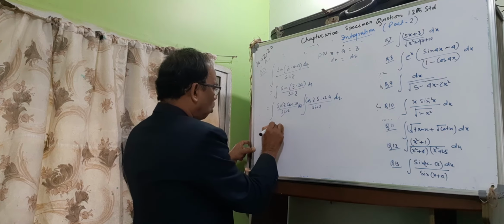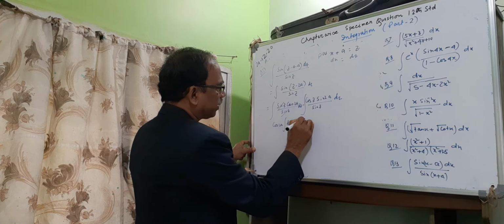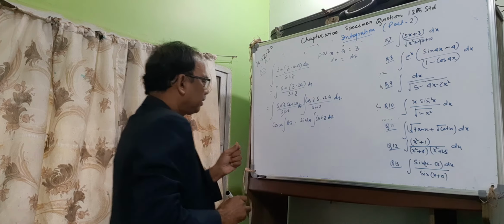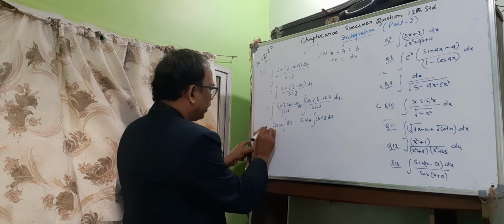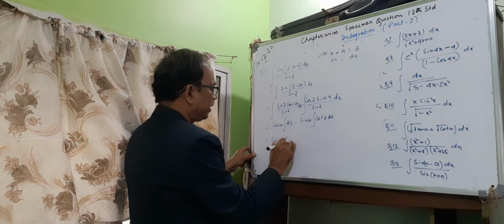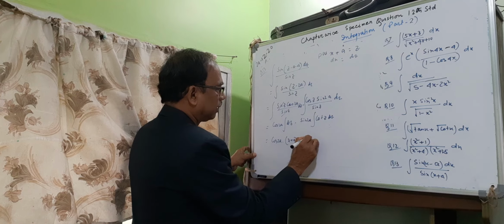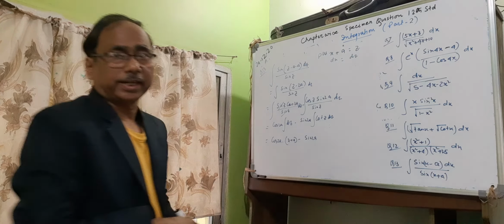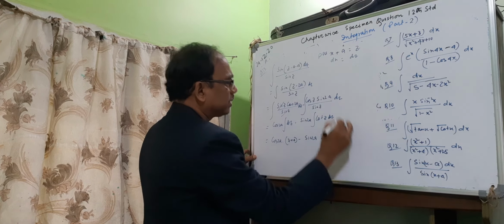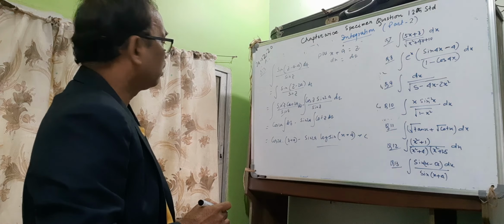Here cos 2a is constant into the integration of dz, minus sin 2a, a constant, into the integration of cot z dz. The integration of dz is z, which is x plus a, minus sin 2a into the integration of cot z, which is log of sin z, where z means x plus a, plus c. That is the final answer of the given integration.